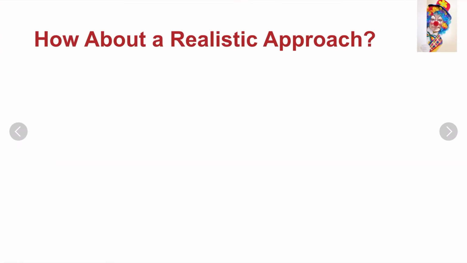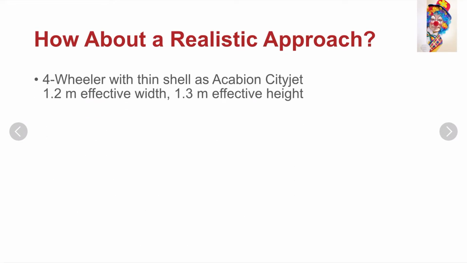But what about a realistic approach? So no simulations, and trying to get a realistic approach. I was thinking about a four-wheeler with a thin shell like the Acabion city jet, as we saw before. So 1.2 meter width and 1.3 meter effective height.